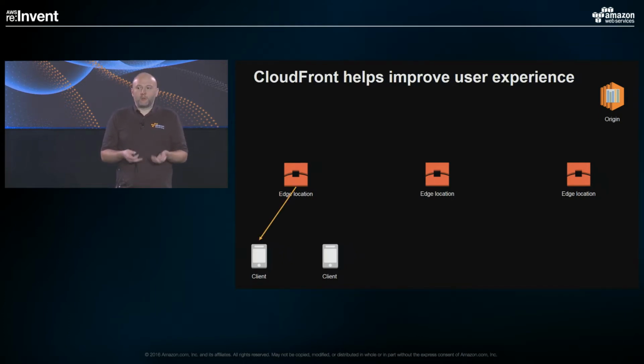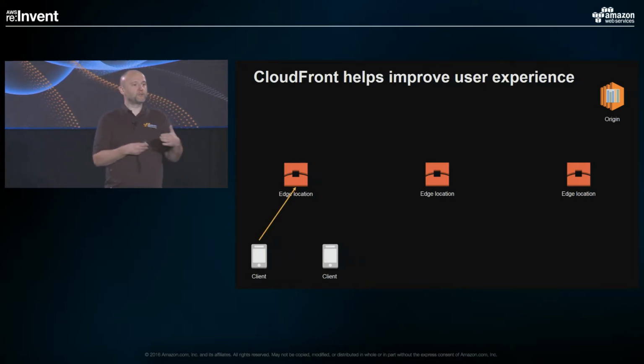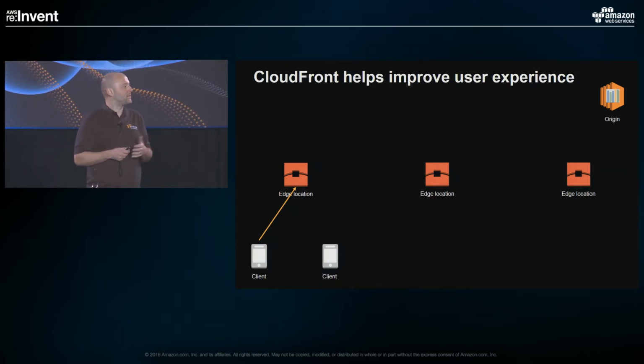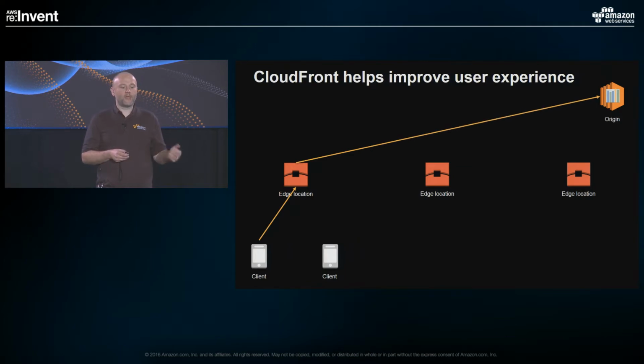Because it's HTTP, we're using TCP. TCP needs a three-way handshake to establish a connection. And the shorter the distance, the quicker we can establish that connection. So the closer we can connect to the Edge location, the better. Once we've established that connection, we can then make a request to the Edge location for the object. But if the object is not actually stored in the Edge location, we'll go back to the origin to make a request.